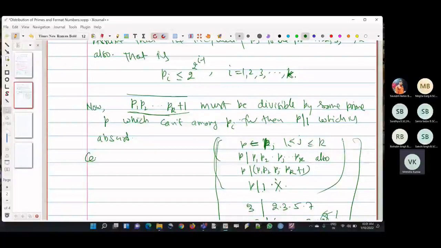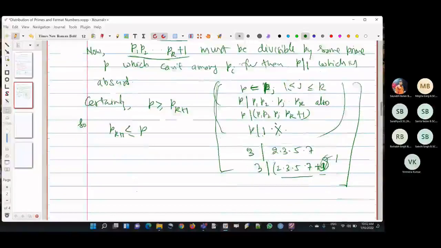And now certainly, because this p cannot be among p1, p2 up to pk, this p is going to be greater than or equal to pk plus 1. That is, pk plus 1 is less than or equal to p, where pk plus 1 is another prime which is next to pk.